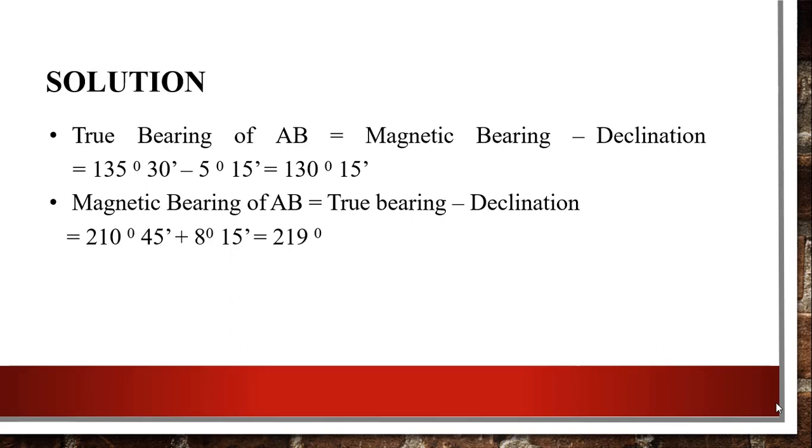Okay, so there is a correction in the formula, that is true bearing plus declination. You have to add plus because declination is in west, and for getting the magnetic bearing you have to add the plus sign there, right? So 210 degree 45 minutes plus 8 degree 15 minutes, you will get the value of magnetic bearing of AB, that is 219 degree.